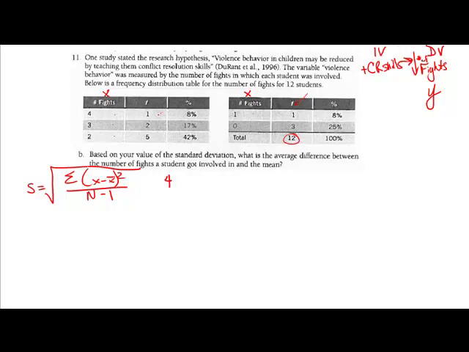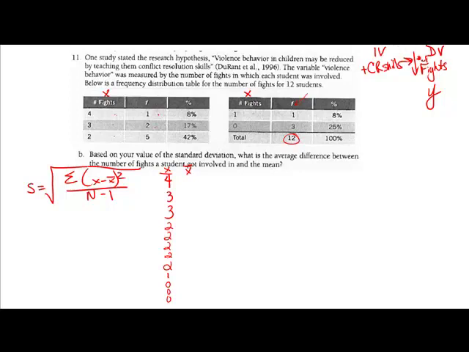One student got into 4 fights. 2 students got into 3 fights. 5 students got into 2 fights. 1 student got into 1 fight, and 3 students got into 0 fights. Getting really small here because I've got 12 rows.